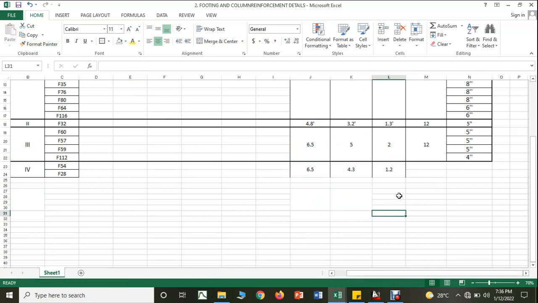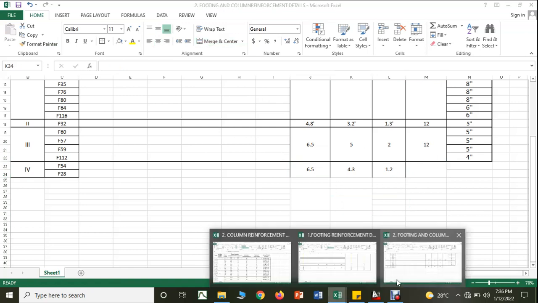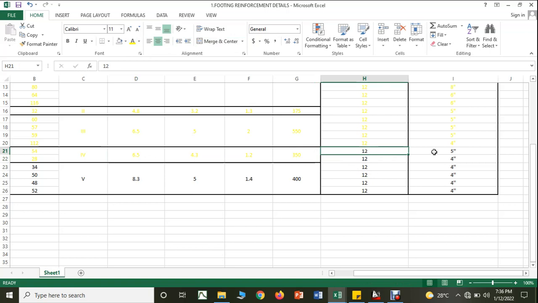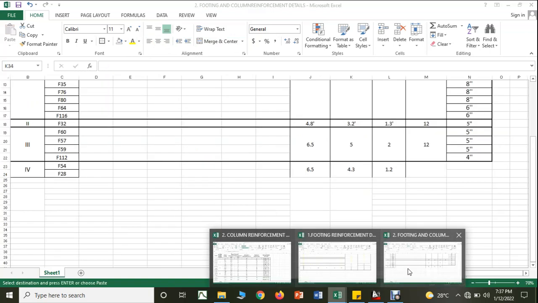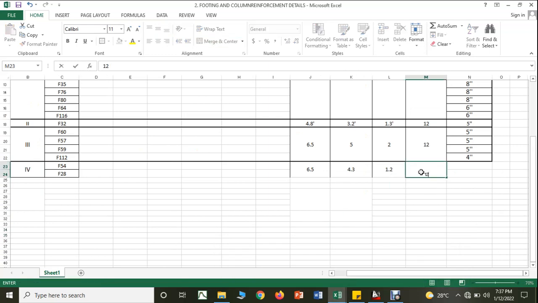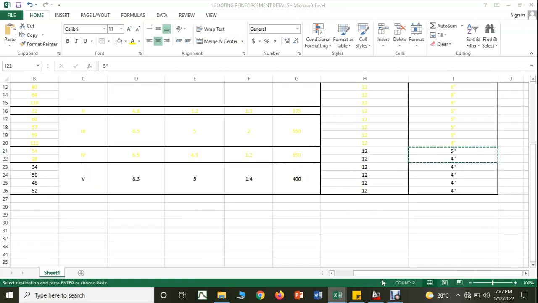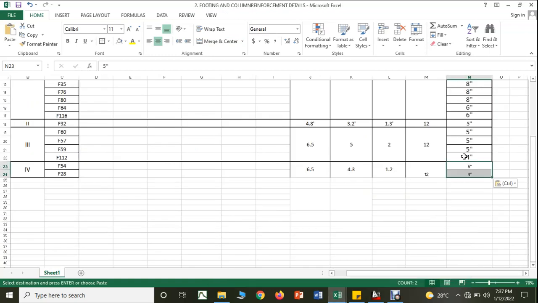Okay, and what about the reinforcement that you have? 12 mm diameter at 4 inches. Okay, yes. So this is the corresponding one.